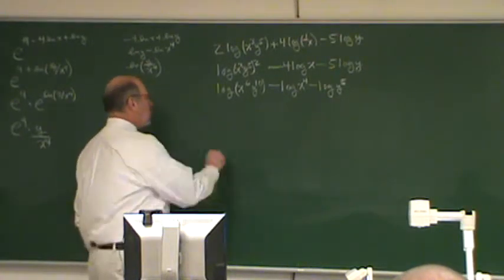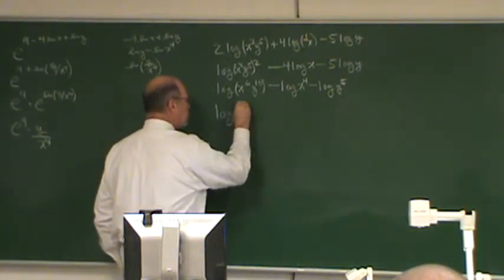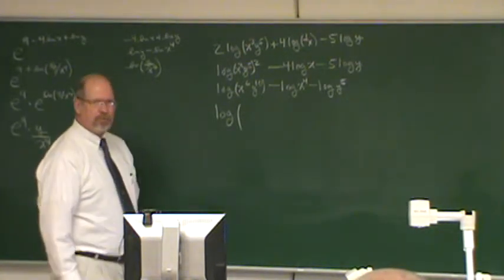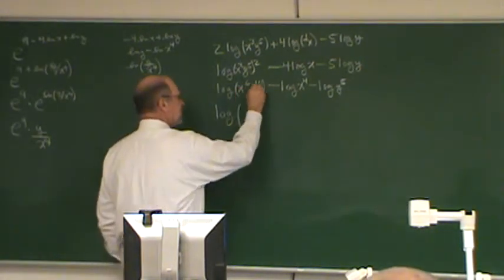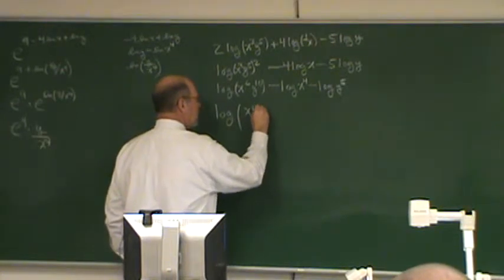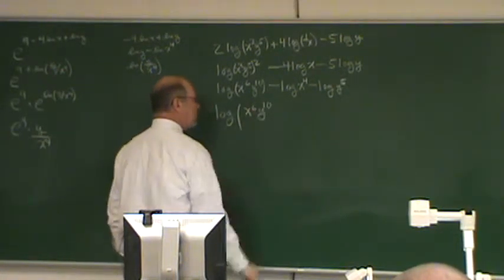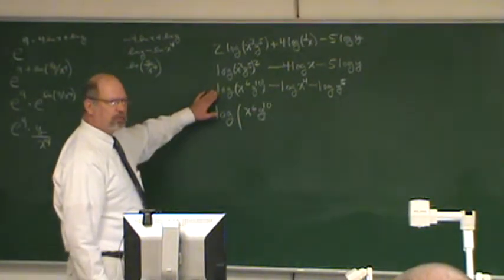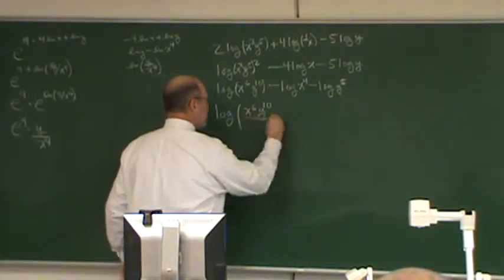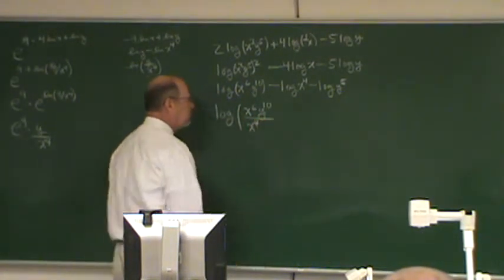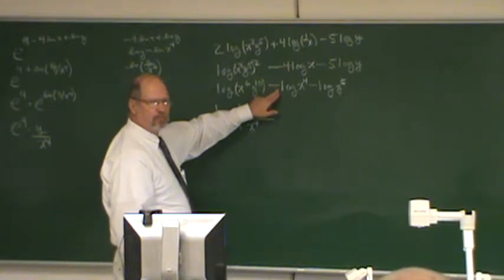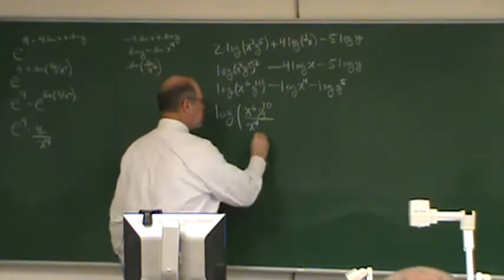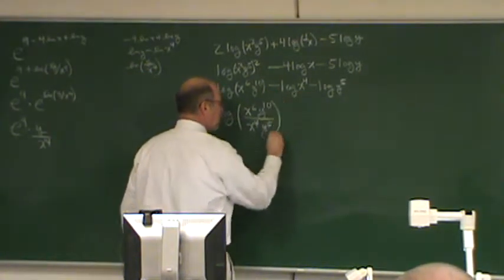Okay? Now, the word log should only appear once in our final answer. X to the 6th, y to the 10th goes on top because those quantities are positive. That's a positive coefficient. X to the 4th goes downstairs because it's negative. Y to the 5th goes downstairs also because it's negative.